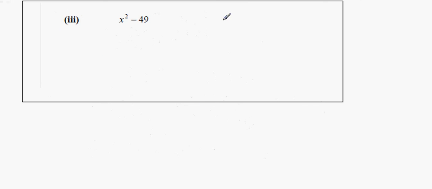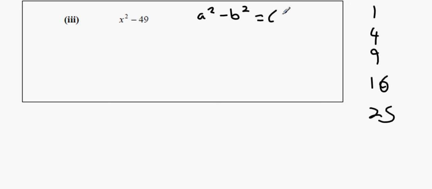Next part. Once again, as I said earlier, you can see that this question is one of these special numbers. So it's the same as a squared minus b squared equals a plus b, a minus b. What we're going to get is x squared. What number multiplied by itself gives you 49?